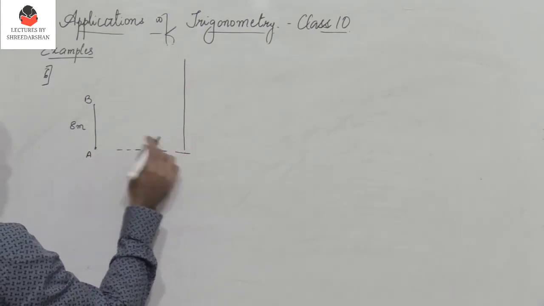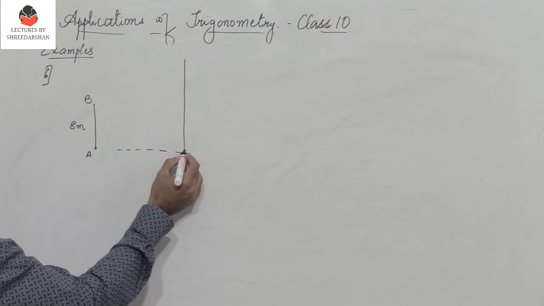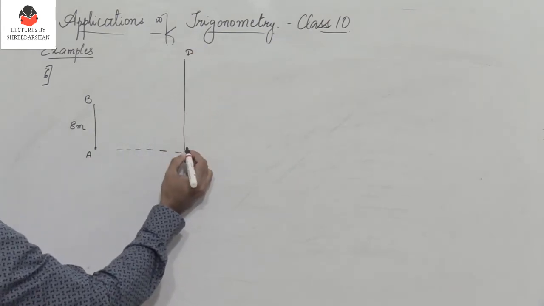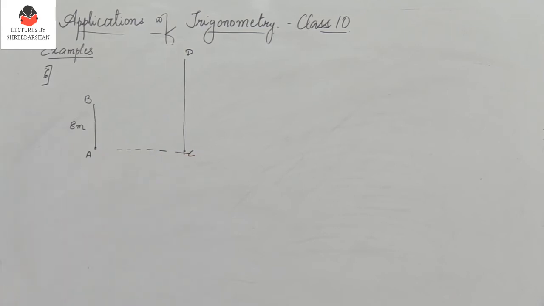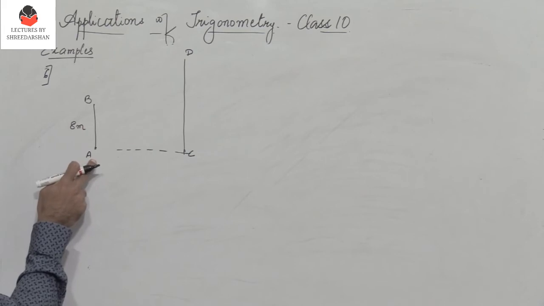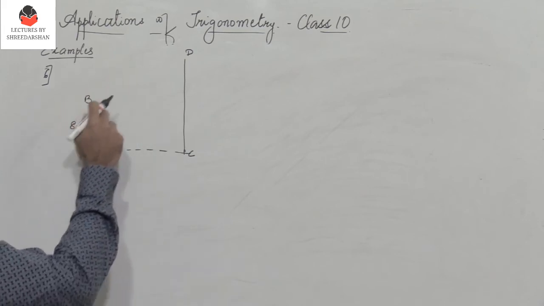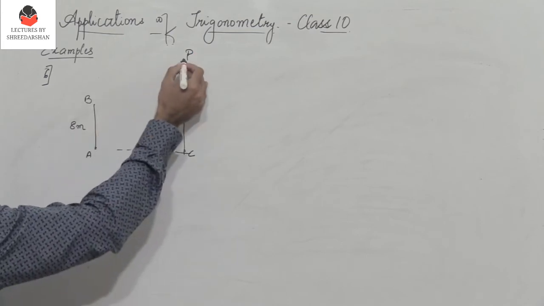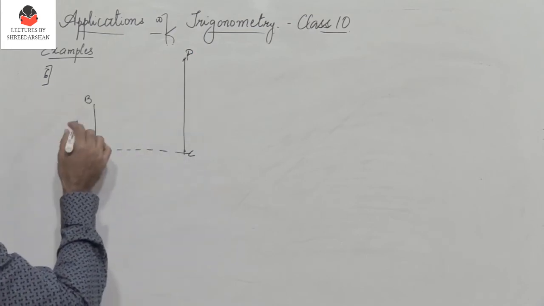So there is a building of height 8 meters, and then there is a multi-story building. Let us call these P and C. The angle of depression of the top and the bottom of an 8-meter tall building from the top of the multi-story building. So what are we doing from this point P?